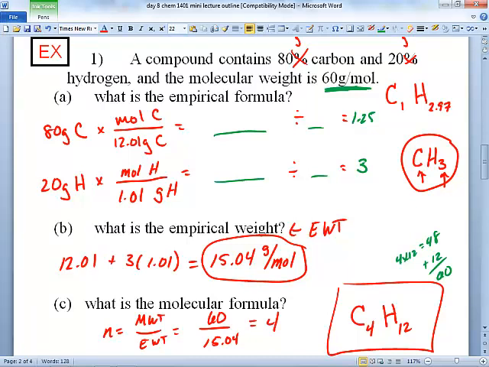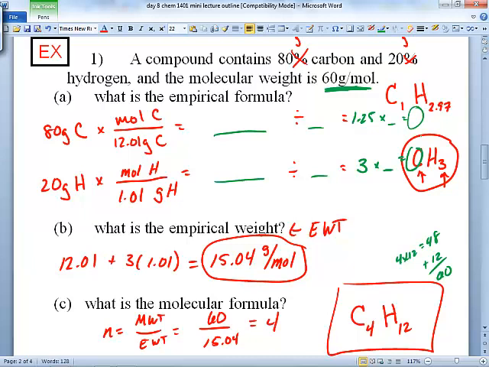Do you round the 1.25 to 1? Or is that too much to round? 0.25 is too much to round. But how do you handle this? Remember, these are ratios. So you have to multiply both of these numbers by something to get a whole number. And that is going to be your ratio.